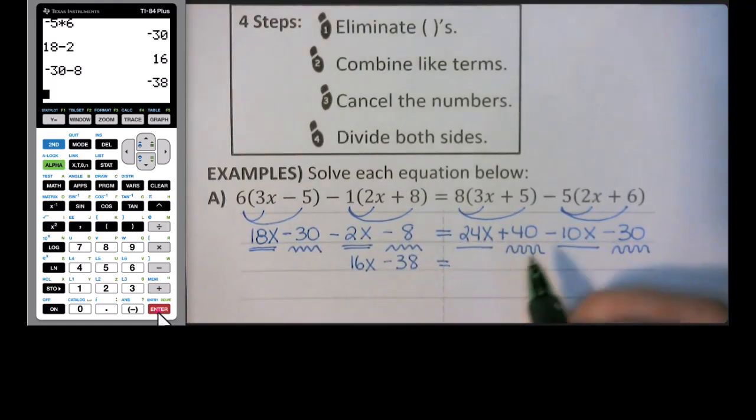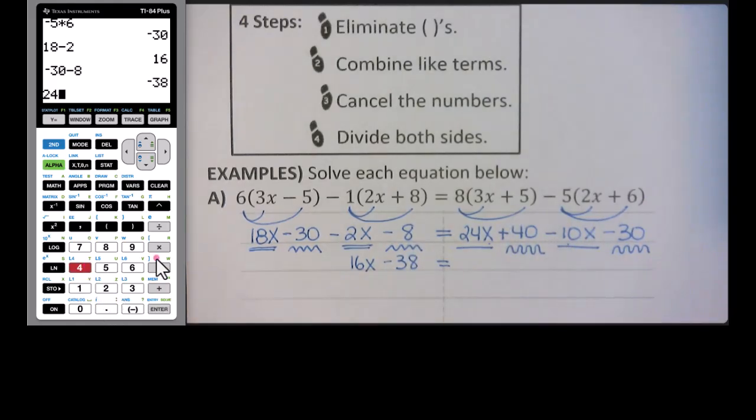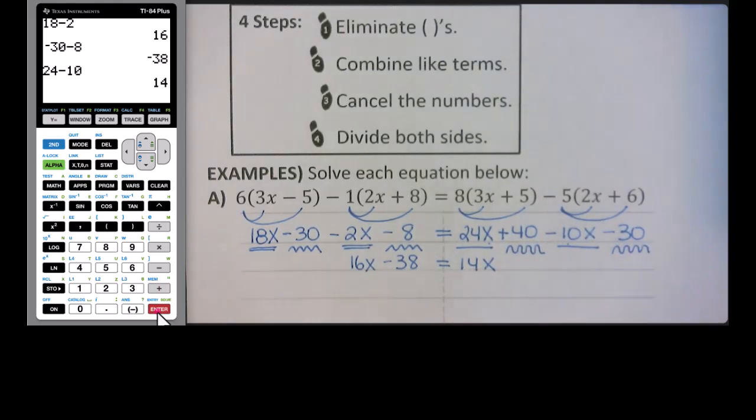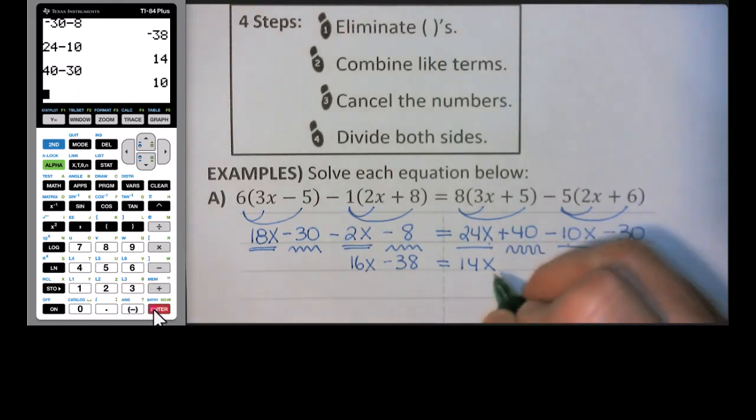On the other side, we have 24 minus 10. So let's do that. 24 minus 10. And we get 14x. And then we have 40 minus 30. So 40 minus 30. And we get positive 10.